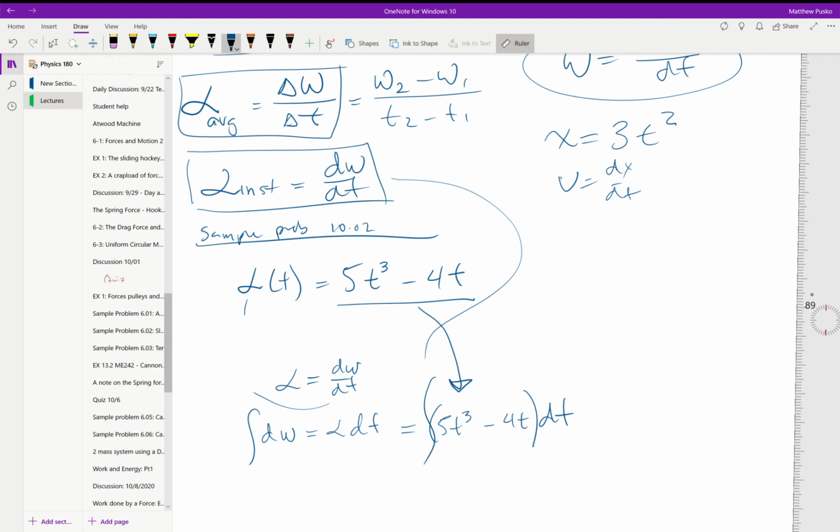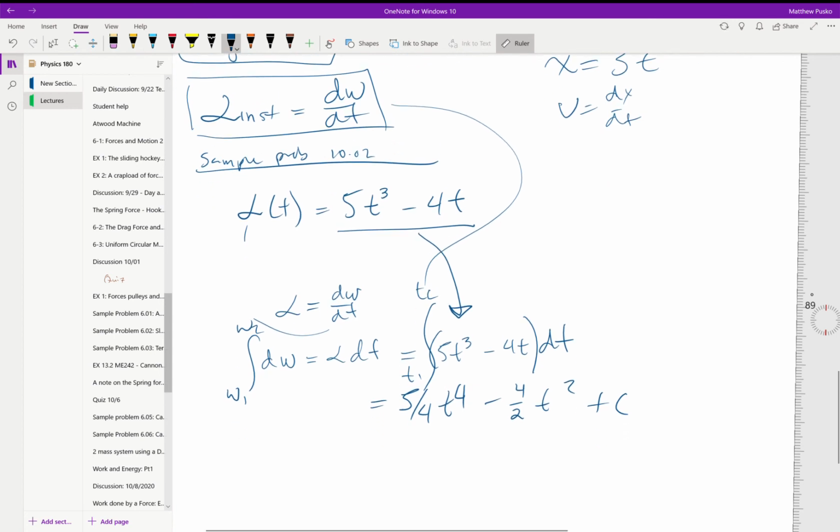Integrating it will give us 5/4 t to the fourth minus 4 over 2 t squared, and then we get a constant. You can actually integrate from omega 1 to omega 2 and from t1 to t2 and figure it out that way, or you can go about it with the constant. The book does it this way, so I'm going to go with this.